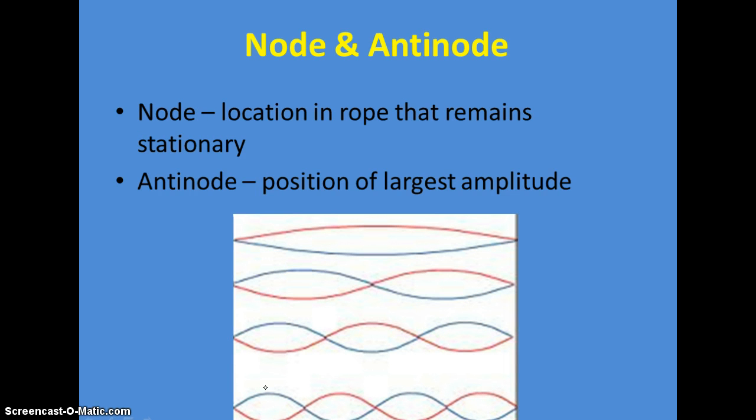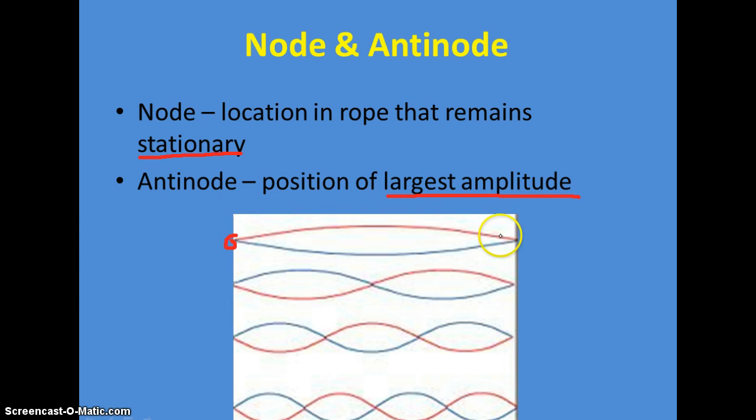The things we will need to label: the nodes and antinodes. We know that nodes are locations where the wave crosses the nodal line, and antinodes are the opposites. So if you're looking at this, the node is stationary, the antinode is the largest amplitude.